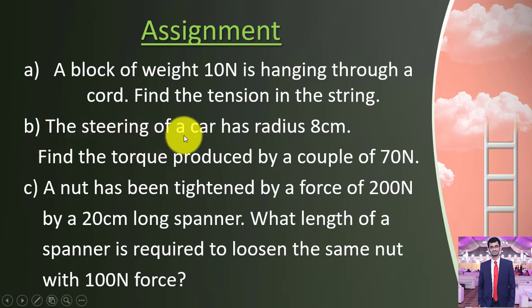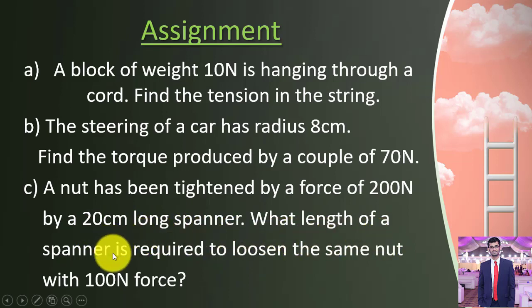Now the second numerical, that is quite identical to numerical number 4.6. The steering of a car has radius 8 cm. Find the torque produced by a couple of 70 Newton. Third question, a nut has been tightened by a force of 200 Newton by a 20 cm long spanner.